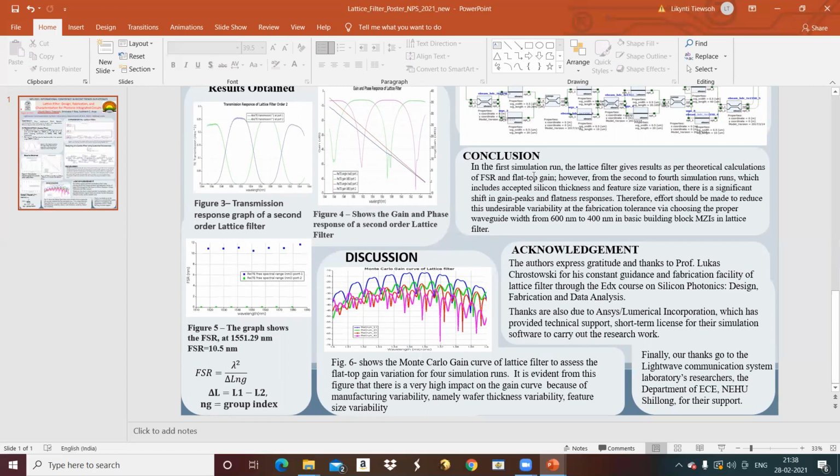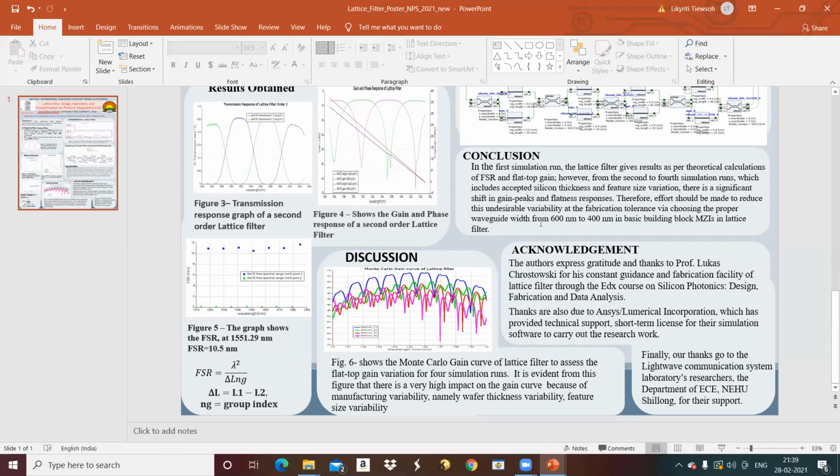Conclusion. In the first simulation run, the lattice filter gave results matching theoretical calculations of FSR and flat-top gain. However, from the second to fourth simulation runs, there is a feature size variation, and also a significant shift in gain peaks and flat responses.